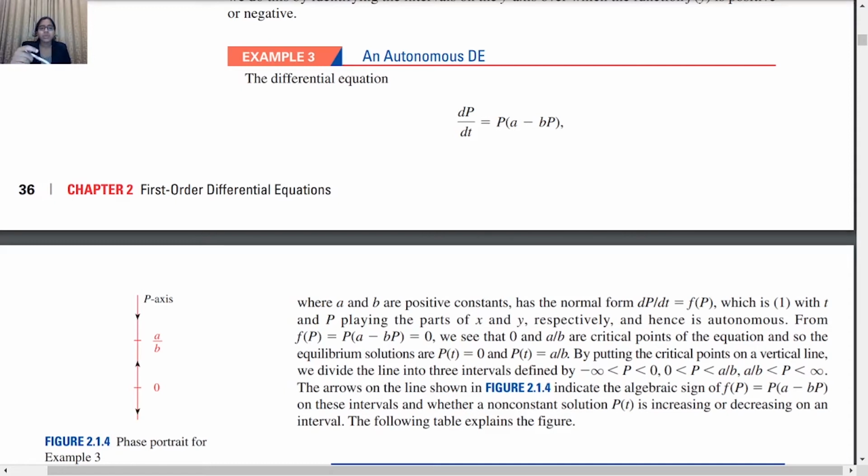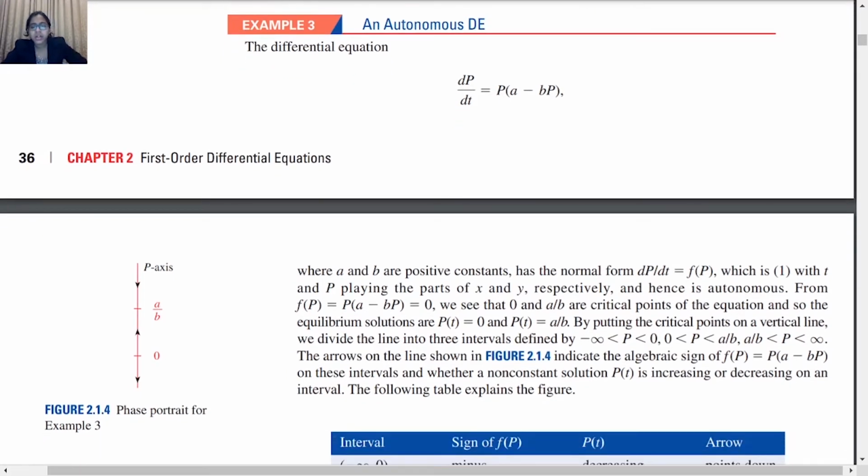Okay, now there is one more thing that is introduced here. If you consider p of t equal to 0 and p of t equal to a by b as critical points, we are going to divide the line. Okay, we are going to consider a vertical line. You can see figure 2.1.4. This is a vertical line, and we can divide this into three parts, that is, one is at 0 and the other is at a by b.